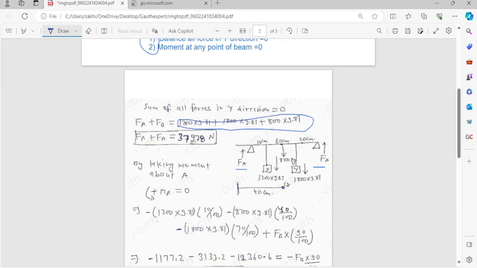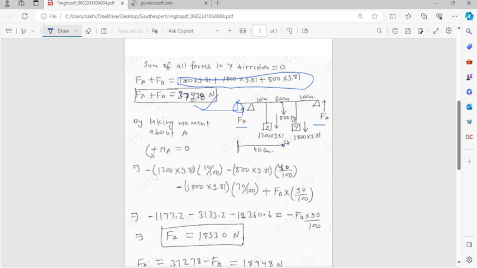These are the weight forces mg: 1200 multiplied by g, 1800 multiplied by g, 800 multiplied by g. So FA plus FB is 37,278 Newton. This is our equation 1, and we use it to calculate further, right?